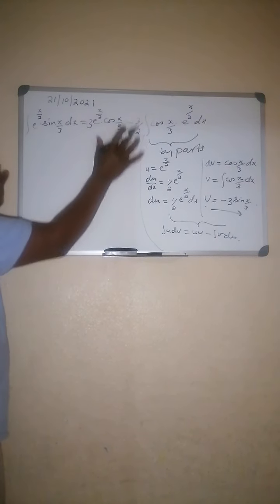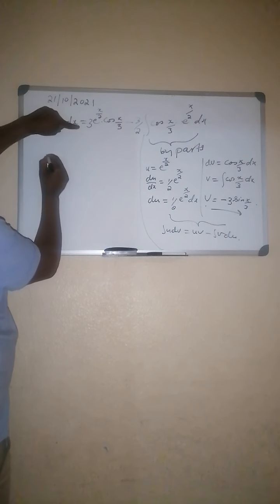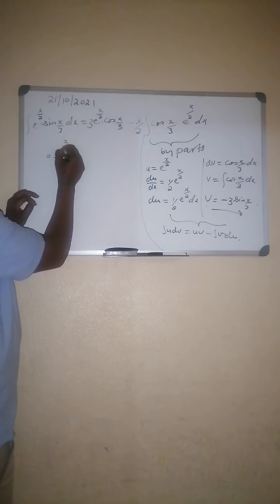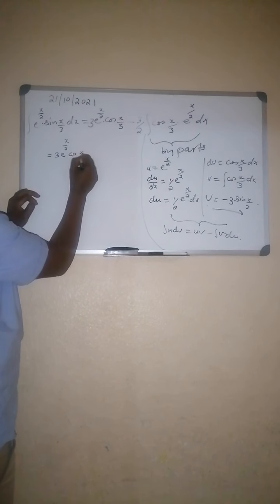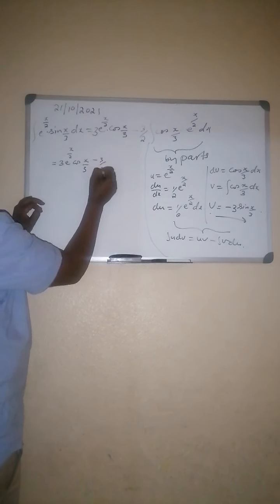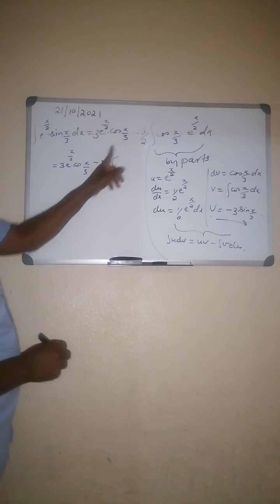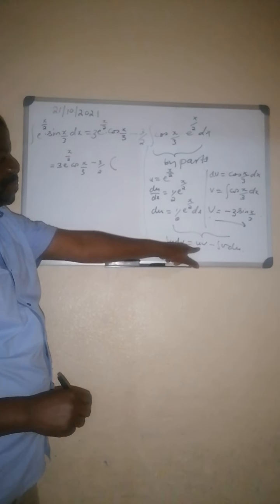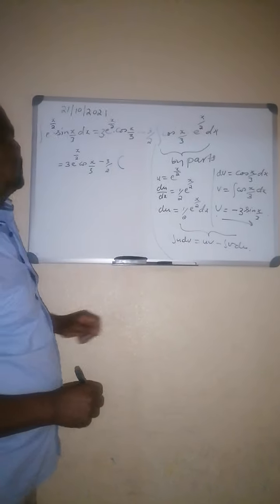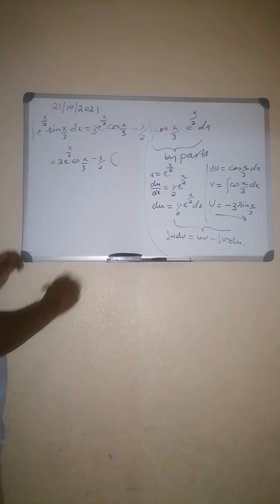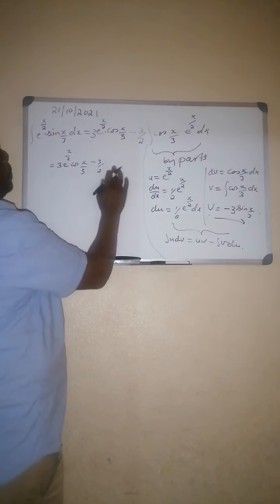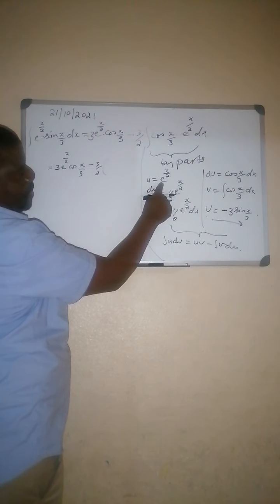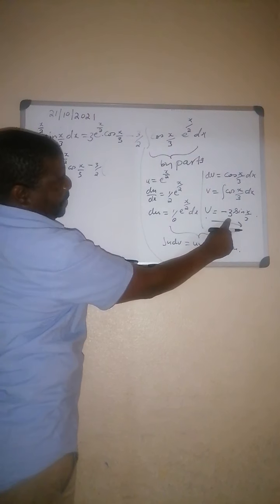Then if I consider everything now, I will start with the equal. Is 3e to the x over 2, the cos of x over 3 minus 3 over 2. Now in there, I need to throw in the uv minus the v du part. Now, what is the u? The u is that, the v is that.